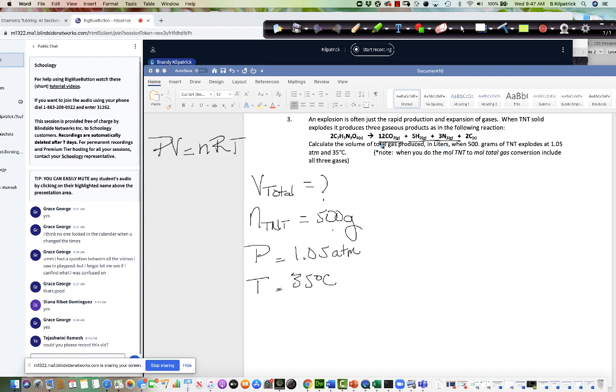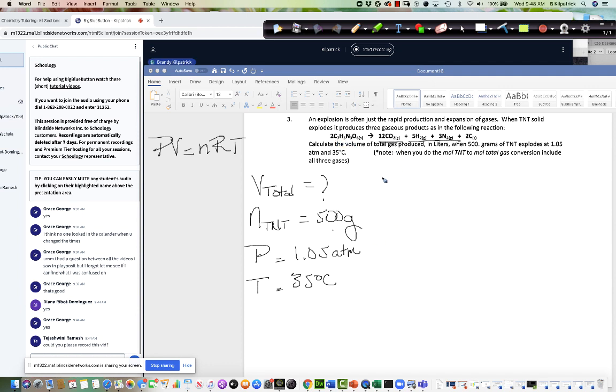Or you could say, well, I'm going to make 12 moles of this, 5 moles of this, and 3 moles of this. Altogether, I make 20 moles of gas for every 2 moles of TNT that explode. So you could do 3 equations, or you say that the ratio of gases to my reactant would be 20 to 2. So it just kind of saves us some additional work.